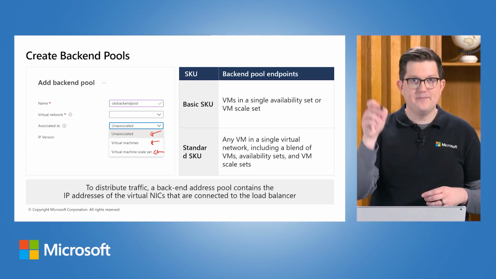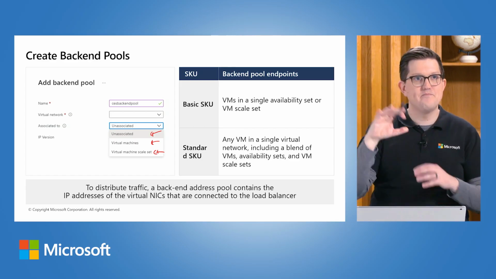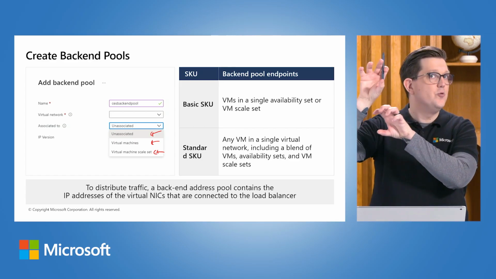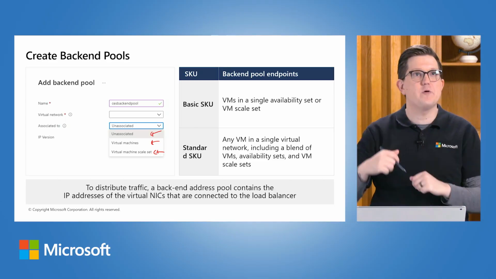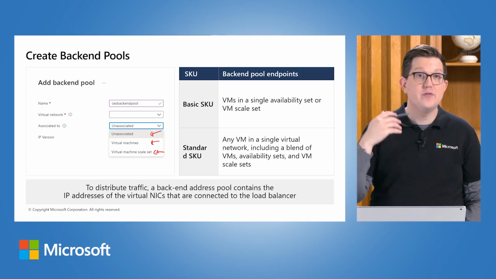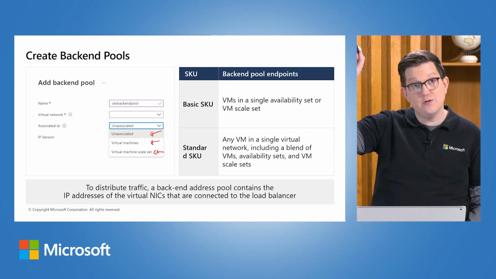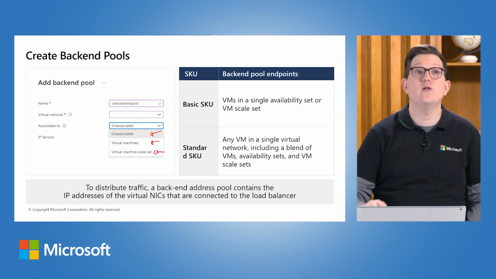All right, next step. Load balancer at the top, a pool in the backend. These two things still don't have a way to send stuff between one another. For that, we need to create some rules. The things that are going to mix and match from traffic that comes in through the front and then pass it along to the back.